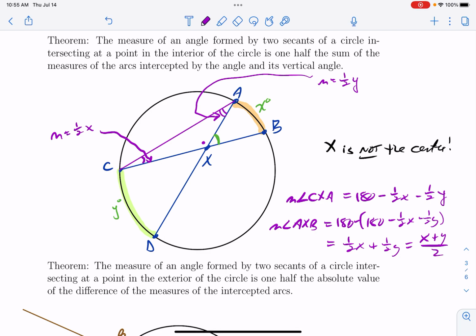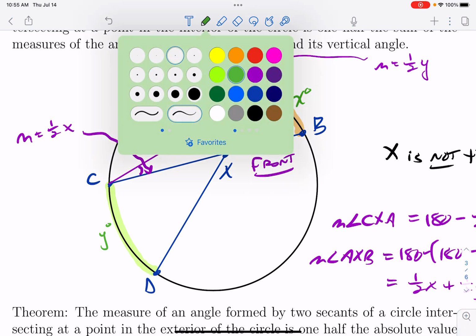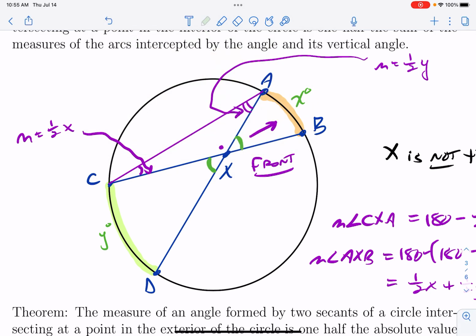So here's the idea. I'm trying to figure out, how big is this angle? I look at the arc in front of it, and that has a measure of x. I've got this vertical angle back here that has the same measure, so I'm going to look behind. That has a measure of y.